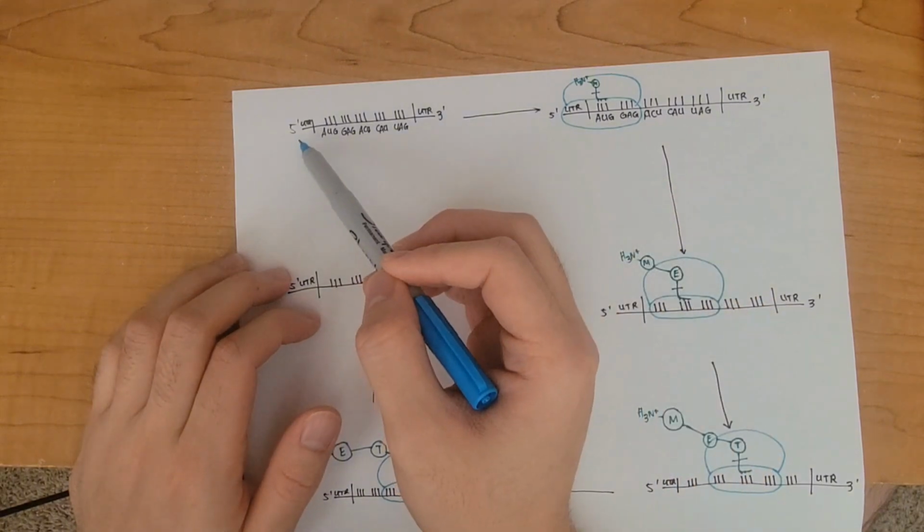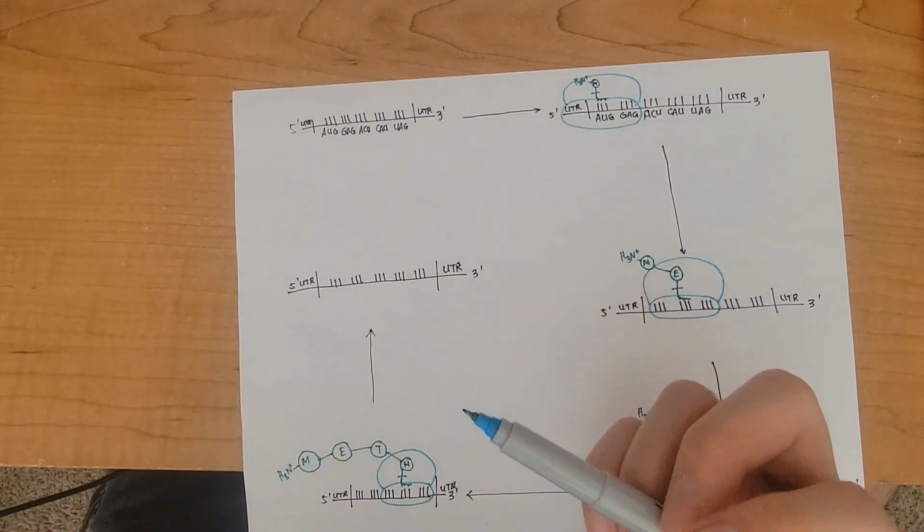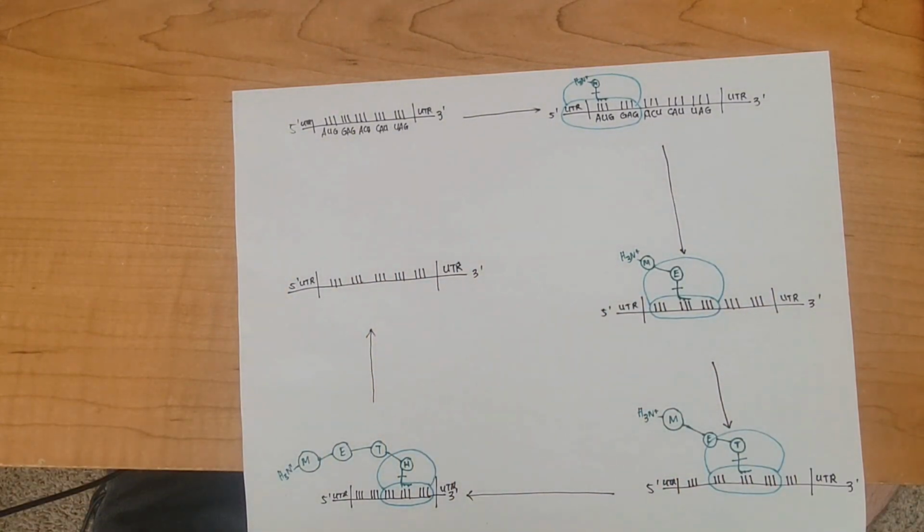Now, in the untranslated 5', we can find the Shine-Dalgarno sequence, that's for prokaryotes, and we can also find the 5' cap in eukaryotes. So basically, those are untranslated regions because those are not going to be translated. Those are just sequences maybe for stabilizing the RNA itself.